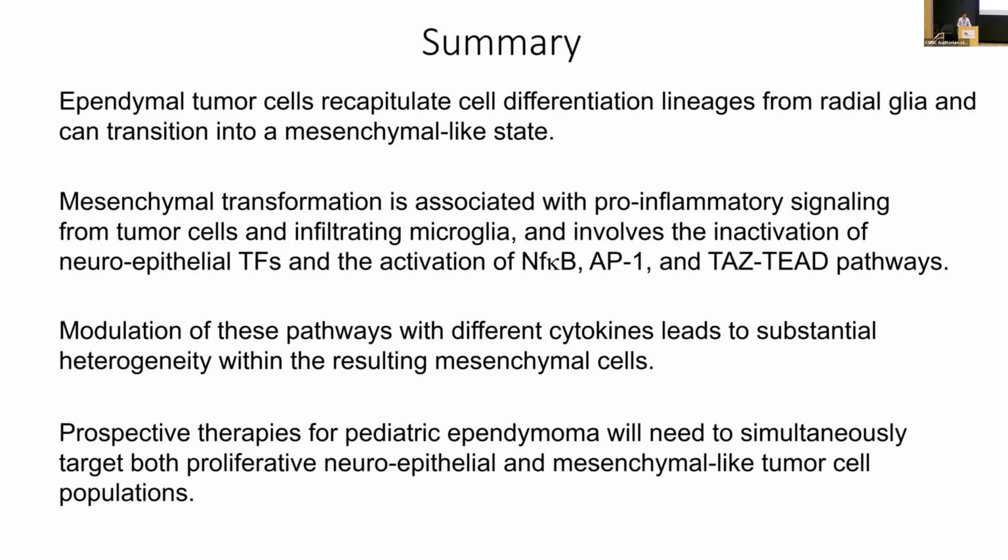And I think one of the indications that come out from our study is that, given how different the neuroepithelial tumor cells and the mesenchymal tumor cells are in these tumors, prospective therapies to be efficient for this cancer will need to simultaneously target both proliferative neuroepithelial and mesenchymal-like tumor cell populations.